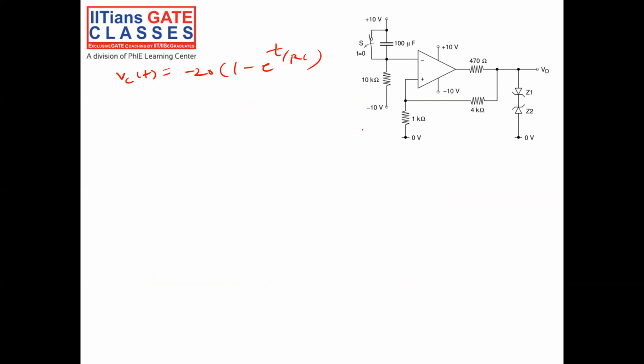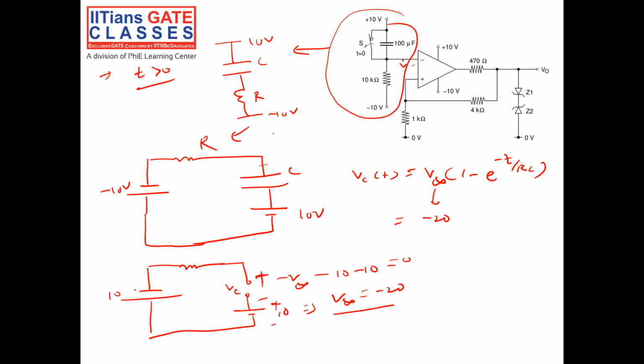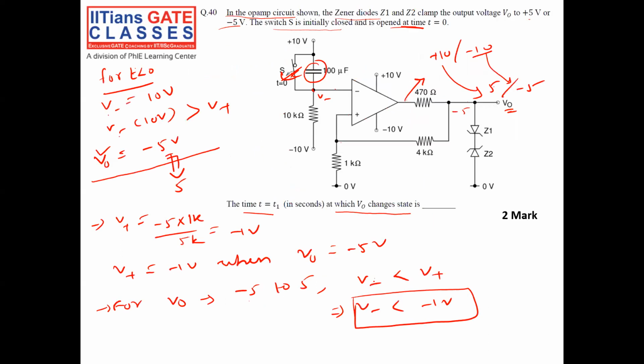Okay, now what is V negative? V negative is how much? See, I have taken this end as positive, this end as negative. The end connected to the resistor is positive, the other is negative. I have taken it like this. That's why VC(t) is coming like this. So if I take this positive, this is negative.